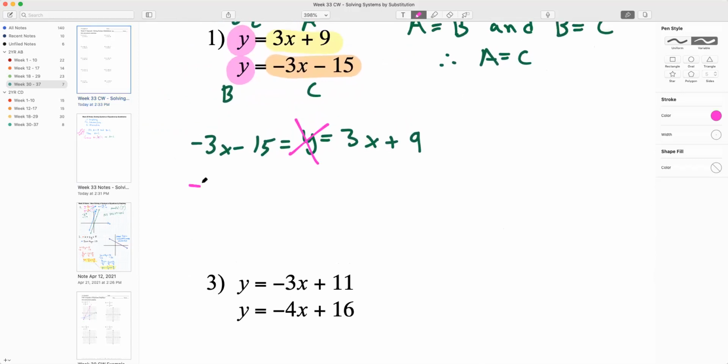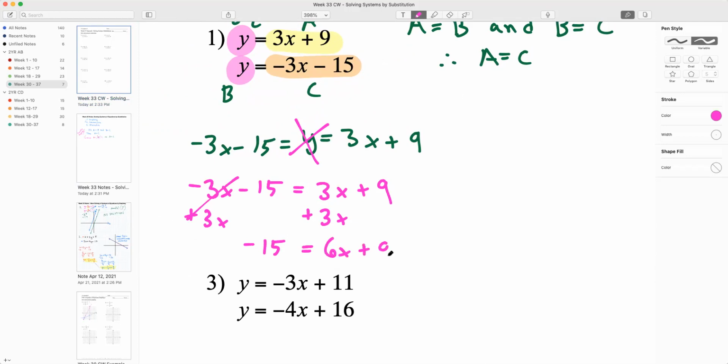Now we have a multi-step equation that we can easily solve for x. We move the x's to one side, and we've got negative 15 equals 6x plus 9.